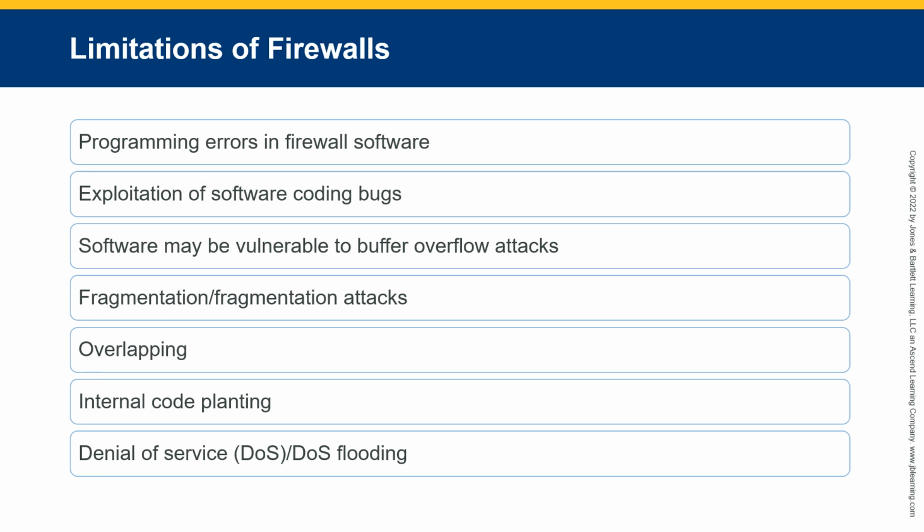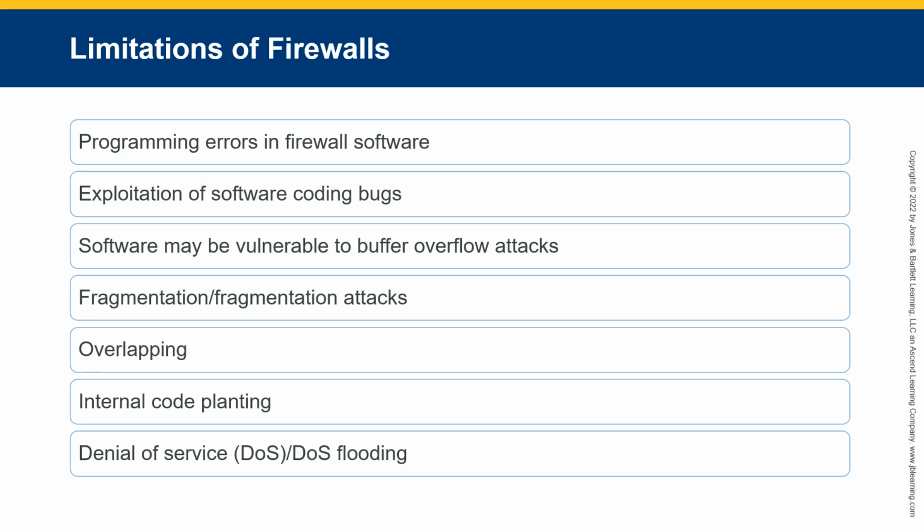That can cause a firewall to choke when it's trying to reassemble packets. Then there's internal code planting. If you ever review Huawei, you can see that those firewalls and routers all came with built-in backdoors that were being accessed by the government of a certain Asian country.